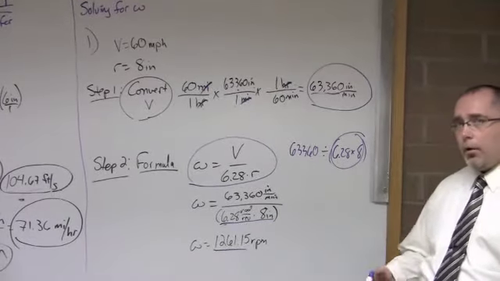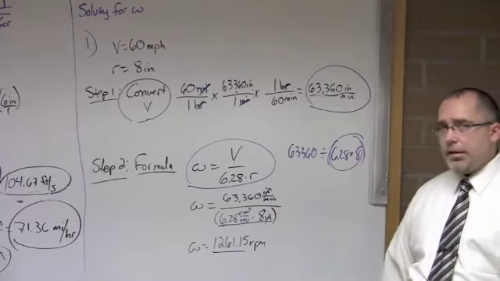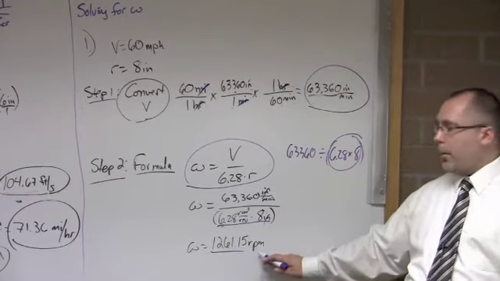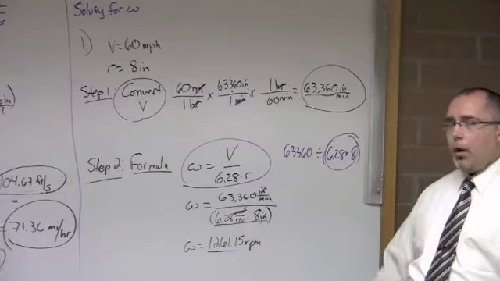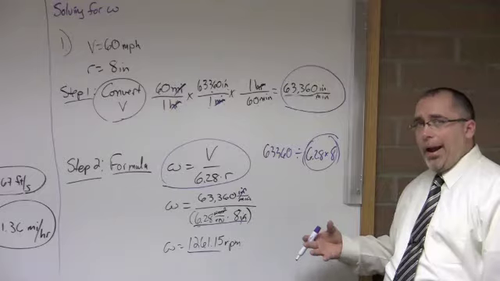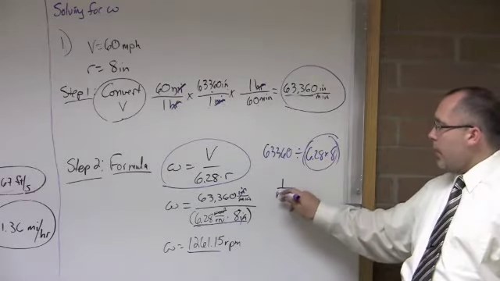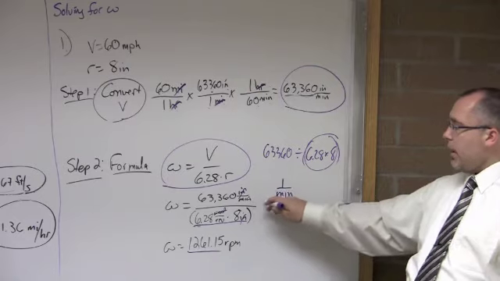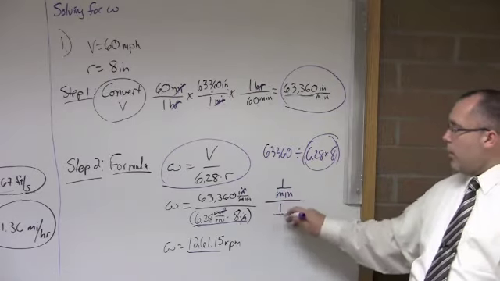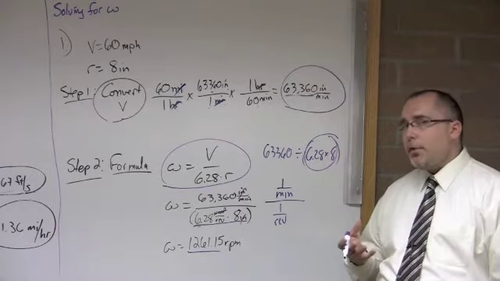But let me show you how we get our units. Right off the bat, you can see inches cancel out pretty easily. But how do we end up with revs per minute? Remember, radians are assumed but not written. And I'm not going to have you do this out by hand, but I just want to show you where it comes from. So keep in mind this 1 over minutes, because the inches have canceled out, divided by 1 over revs. And remember, in dividing fractions, you don't actually divide.